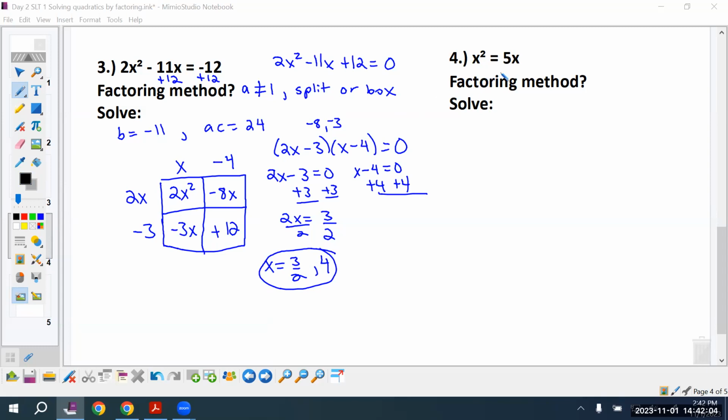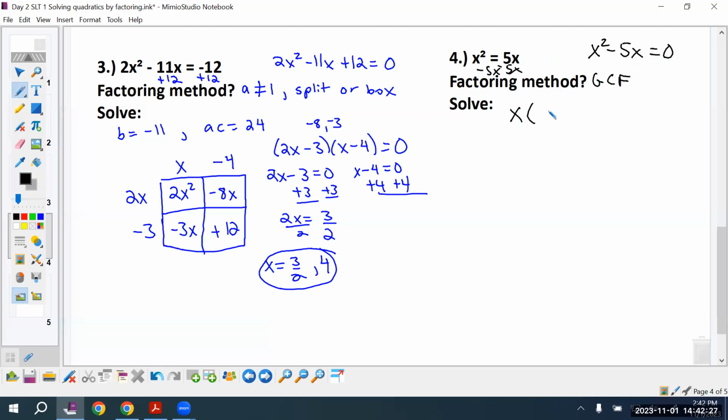Number 4. Hopefully you notice number 4 is not in standard form either. So I'm going to subtract 5x from both sides. And that gives us x squared minus 5x equals 0. Take a second and think about what factoring method we should use here. Hopefully you decided to use greatest common factor because they both contain an x.